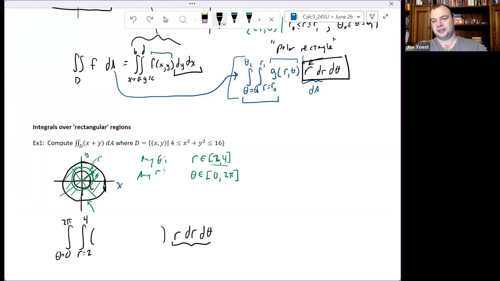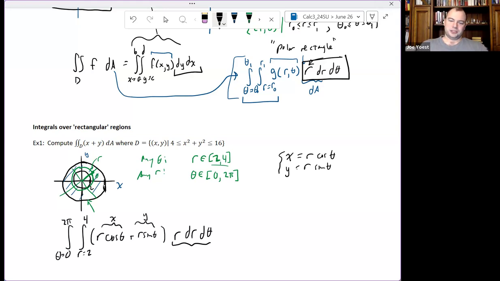And for this, of course, I just use x equals r cos theta, y equals r sine theta. Since we're just doing x plus y, that makes this pretty easy. x just turns into r cos theta, and y into r sine theta.